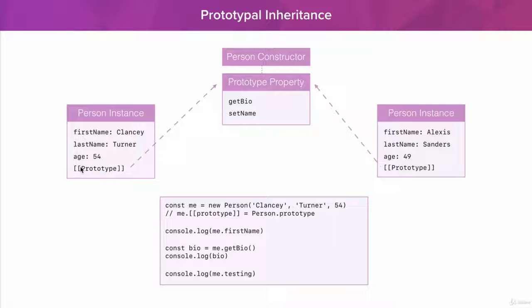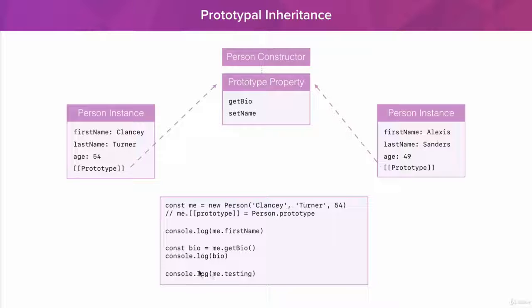In this case, there is. So it goes up the prototype chain, it follows the arrow, and then it looks here for what it needs. In this case, getBio. Does it find getBio here? Yes, it does. So this is how we are able to access getBio from an instance of person. It is because of this internal property prototype, and that creates the relationship we're seeing here.